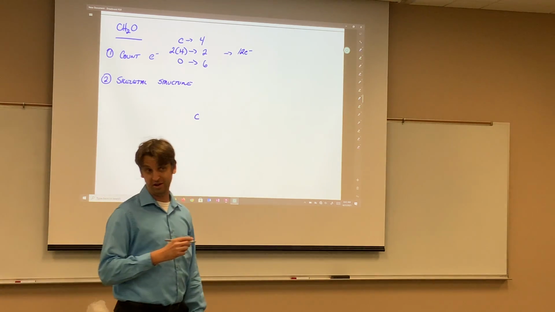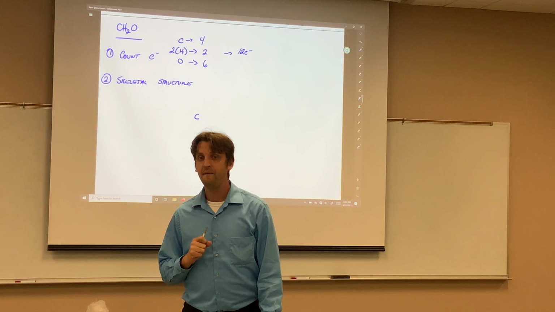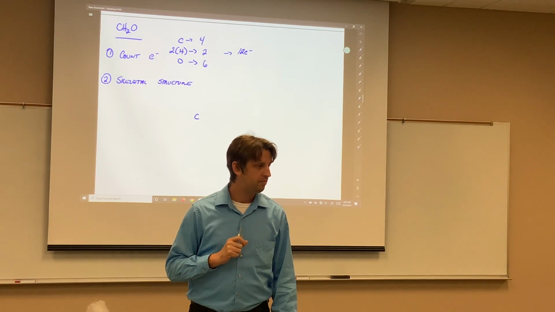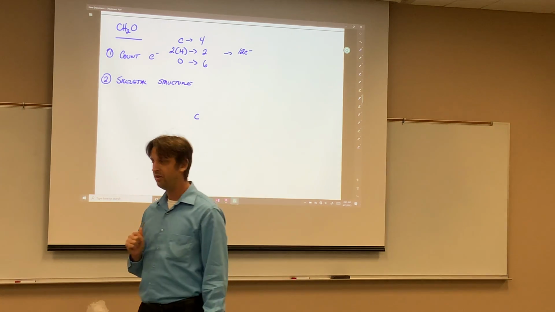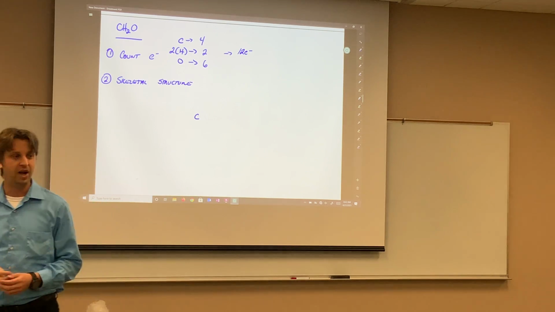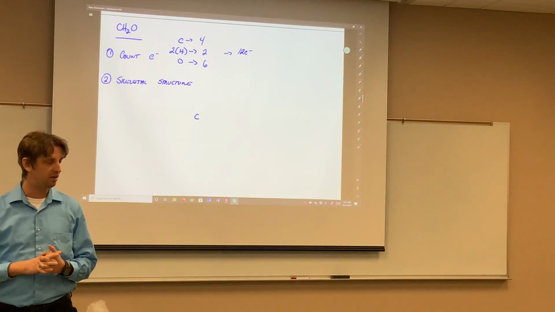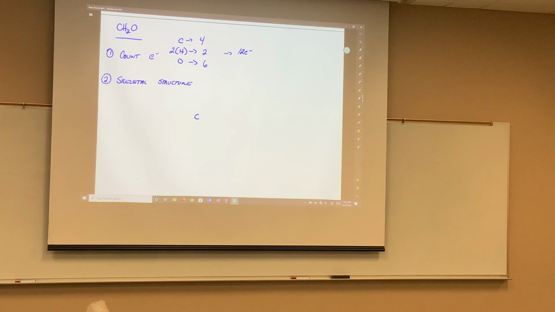Do you remember how to identify electronegativity? Fluorine's the most electronegative, and as you move away from it in a diagonal, it becomes less electronegative. So carbon's in the middle.